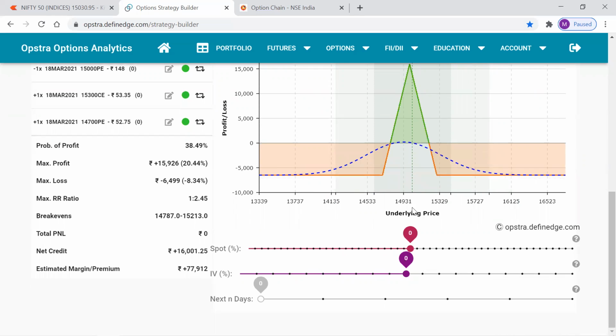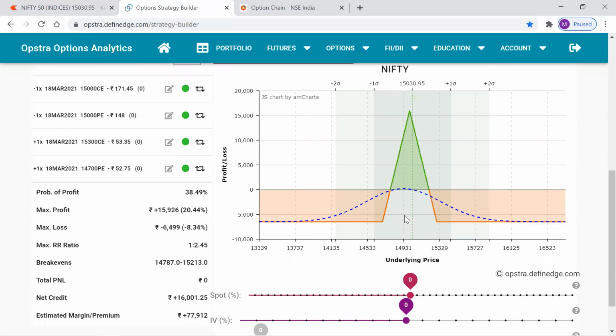Understood? It's very simple to implement. It's very easy to construct Iron Butterfly. Iron Butterfly strategy is nothing but an extension to short straddle. In short straddle, we sell at the money call option and at the money put option. For that, I have sold 15,000 CE and 15,000 PE.